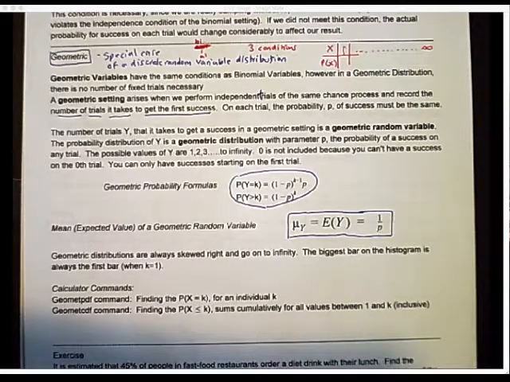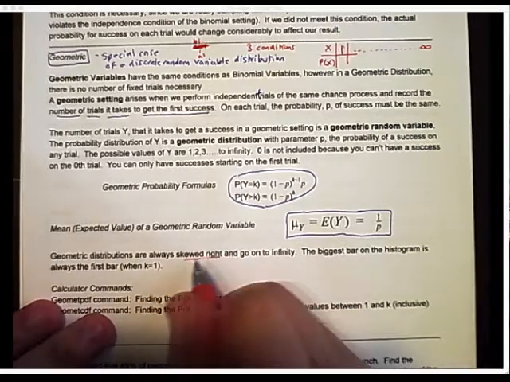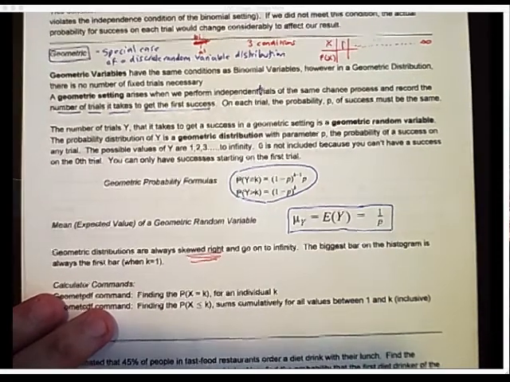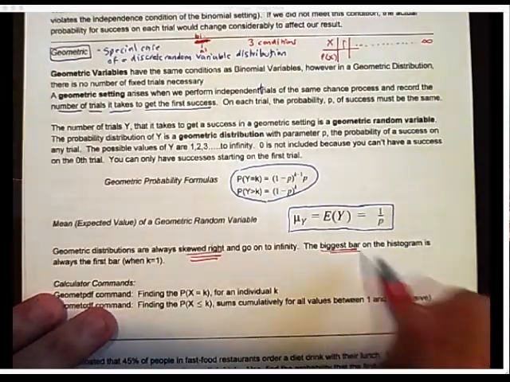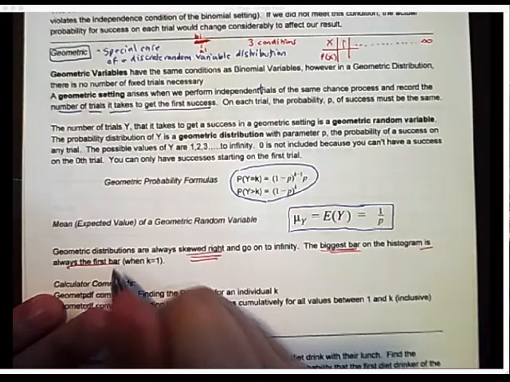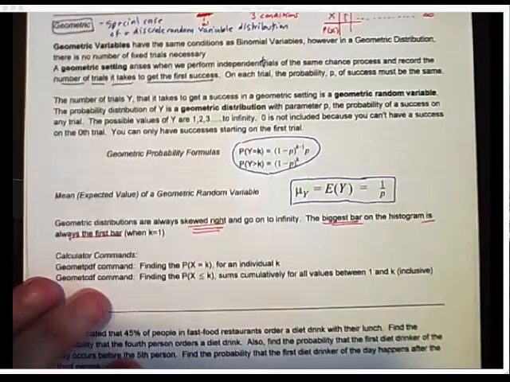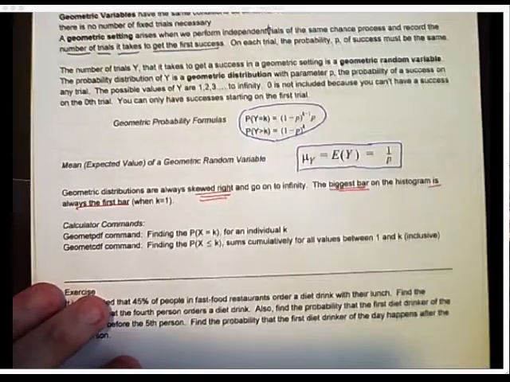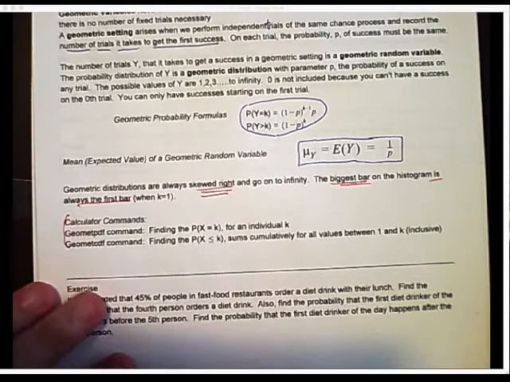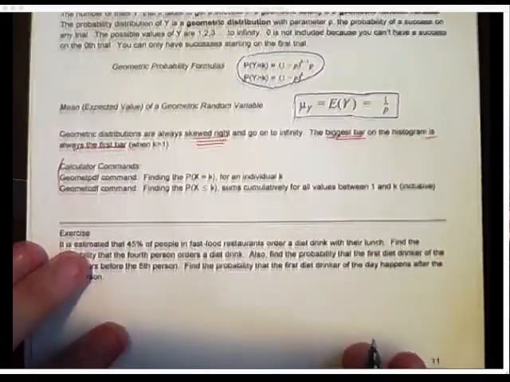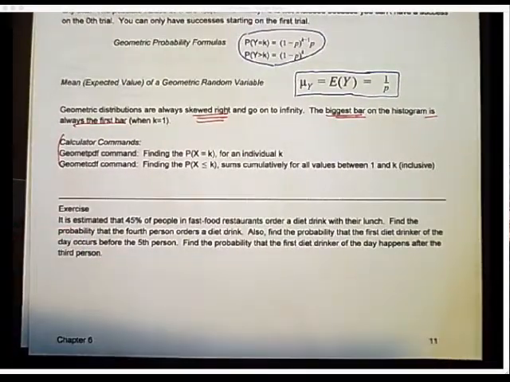Geometric distributions are always skewed right, and the biggest bar is always the first bar. We do have 2 calculator commands, which I'll show you as well. So let's go ahead through this exercise.